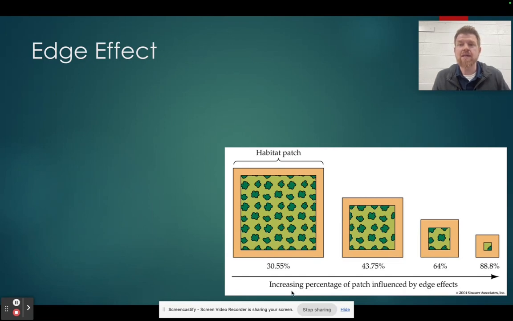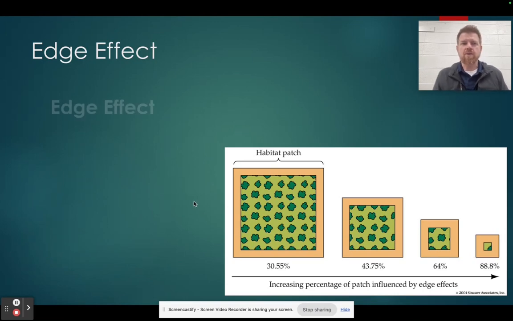As habitats are broken down into more and more pieces, we're going to see a larger area occupied by the edge of the habitat, just the outside boundary. So we're going to see this increase in percentage influenced by the edge effect. Notice here, in our original patch, 30% is going to be edge. As it gets smaller, it ends up being 43%, then 64% of this whole area is edge, and 88% when it's a really small area.